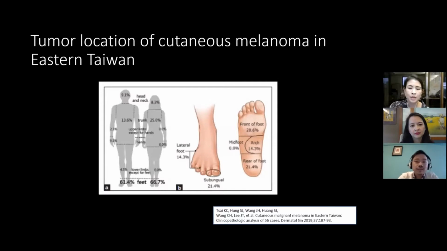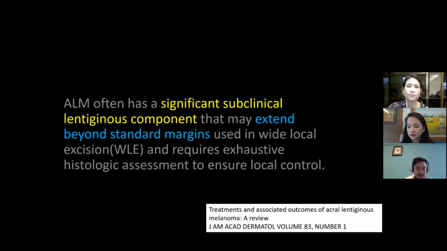That was published last year, which showed that in Taiwan, 60% of melanoma is still located in the feet region. If we focus on the sole, about 20% is subungual, and all the other parts are distributed around the forefoot, mid-foot arch, and the heel.